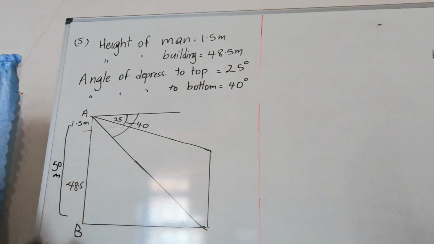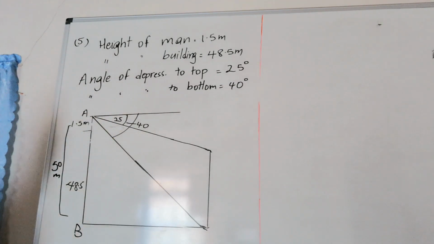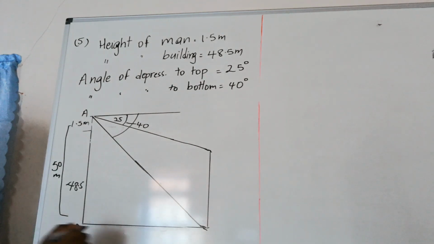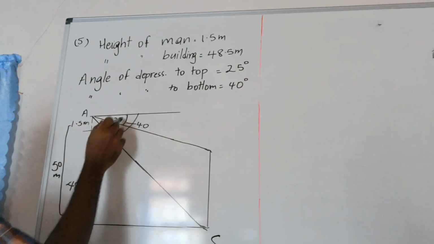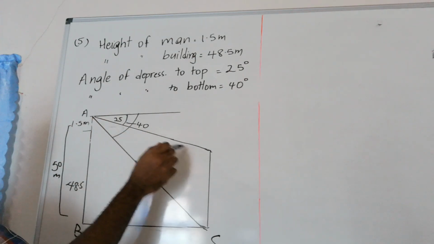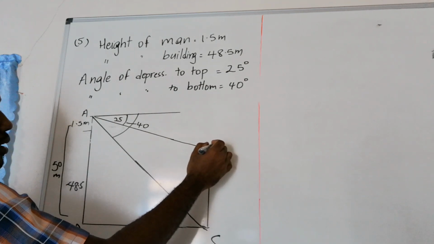All right, we know our angle of depression is 25 degrees to the top of the building, 40 degrees looking to the bottom of the building.